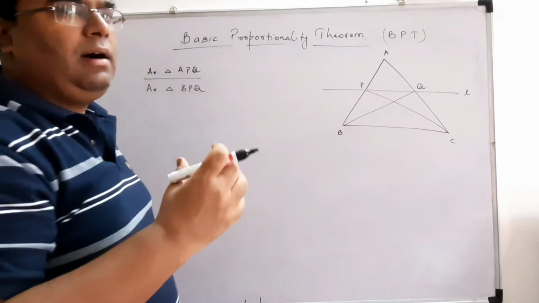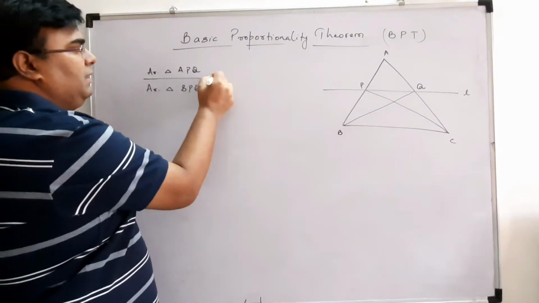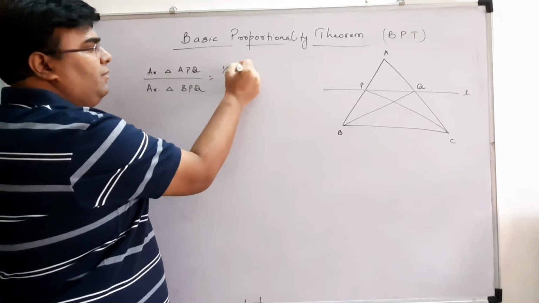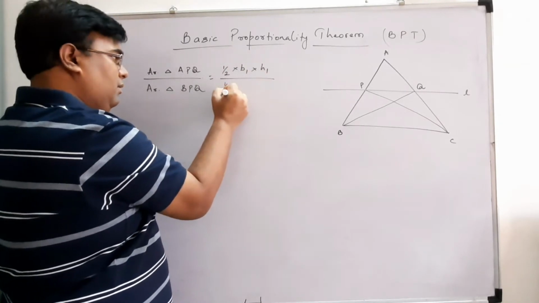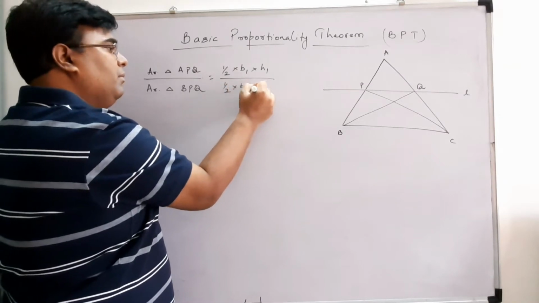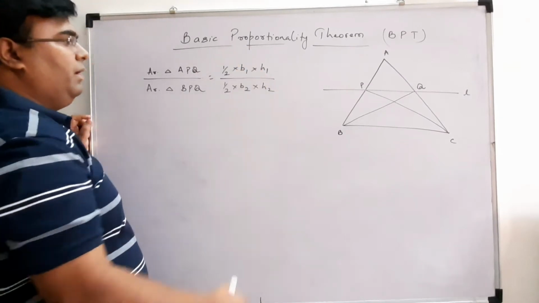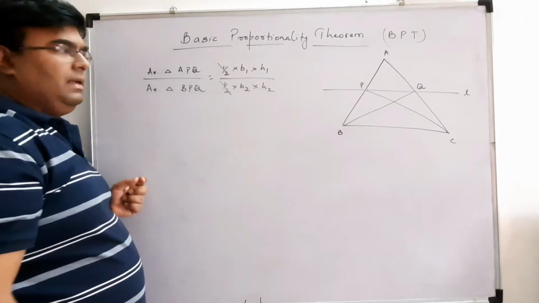Again, we can write half base into height. It will be half B1 into H1 upon half B2 into H2. This half will be cancelled.